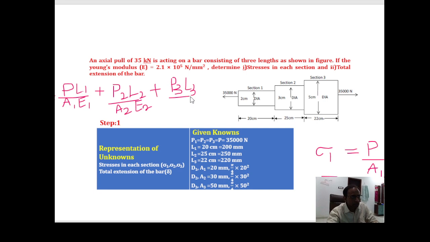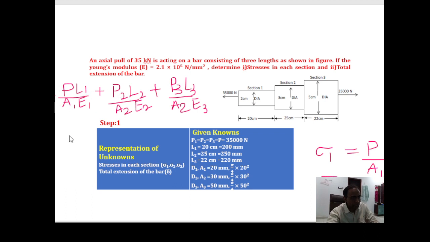That's it for the solution there. Of course, E is the same as we just told. I can take 2.1 times 10 to the power 5 common to the front side, and within the brackets, P is also the same.